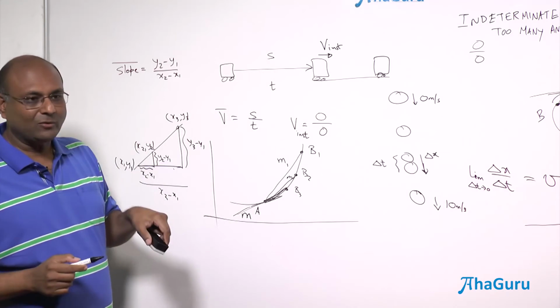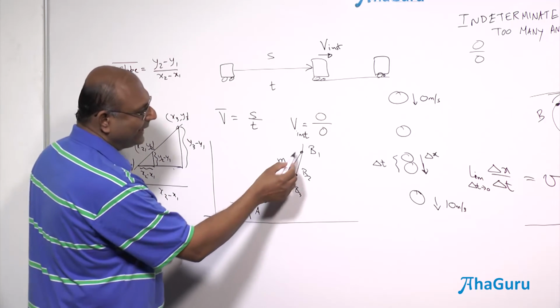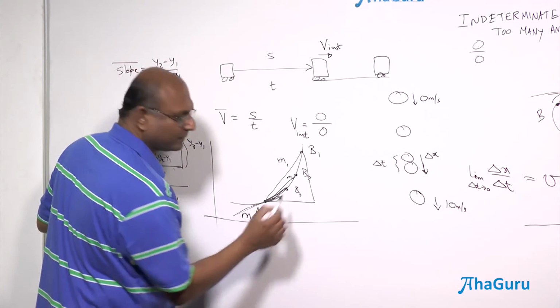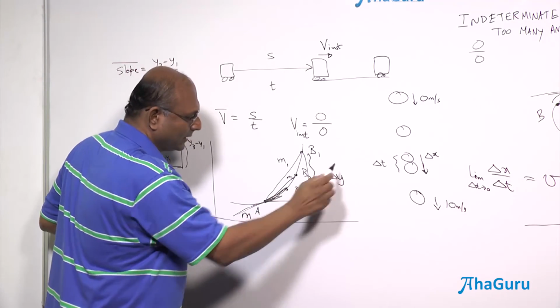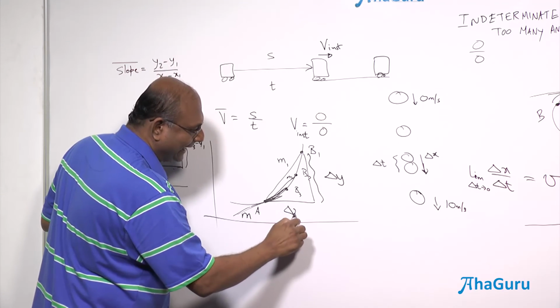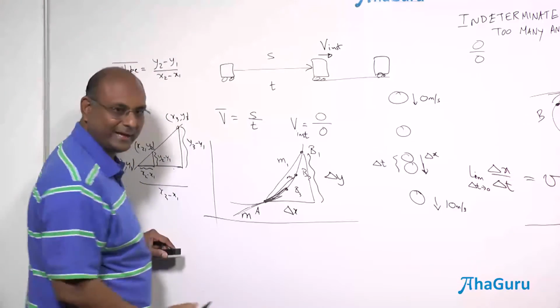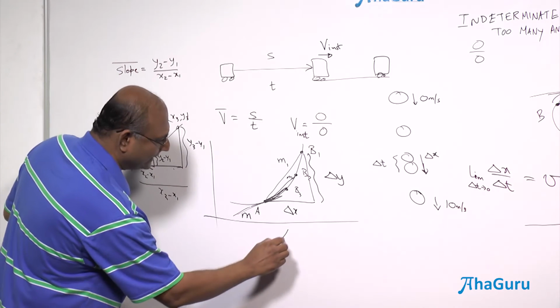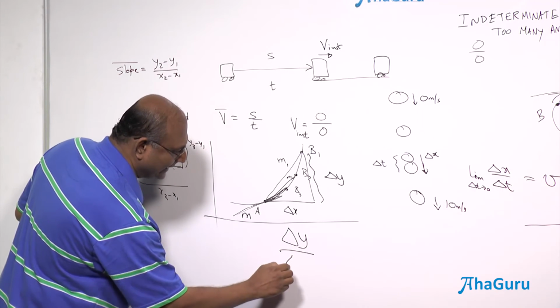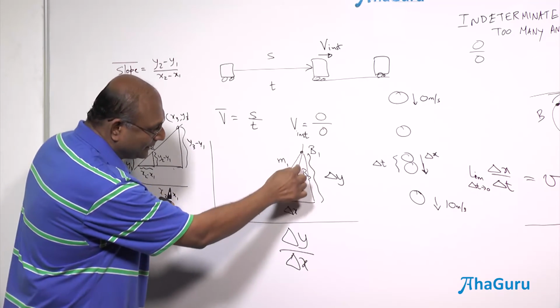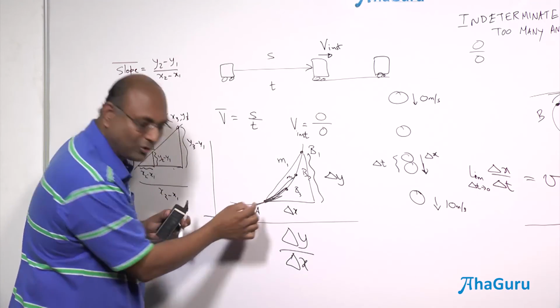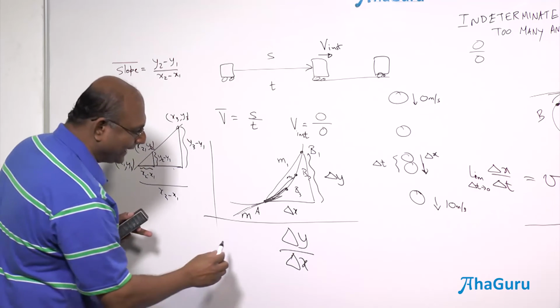But if you want to calculate that M, how do you calculate M1, M2, M3? Delta Y by delta X, change in Y by change in X. Now the point is, as B1, B2, B3 gets closer and closer, what is going to happen?